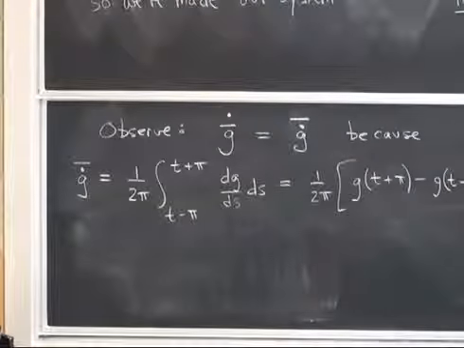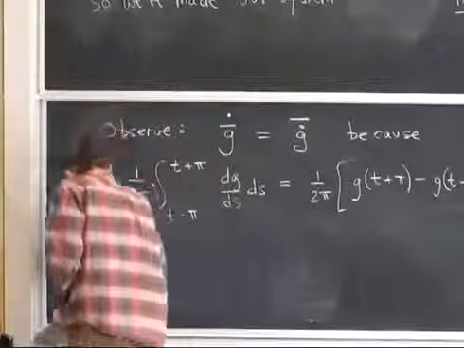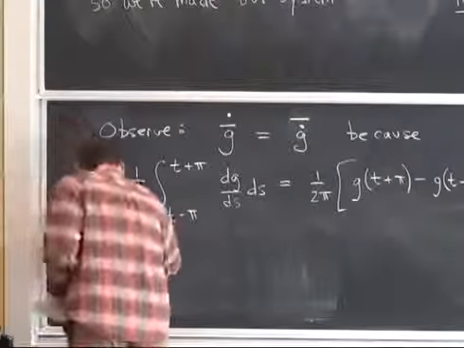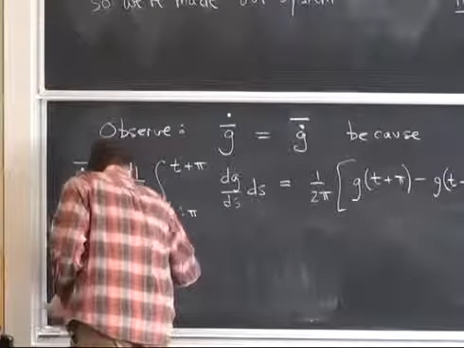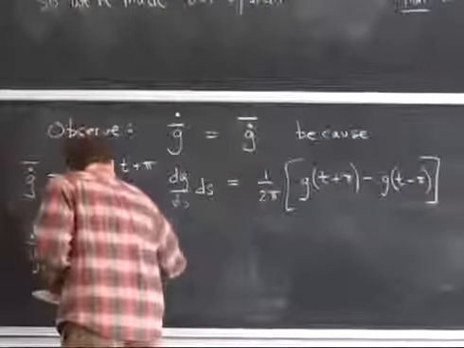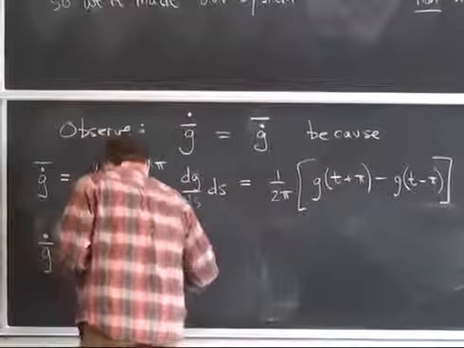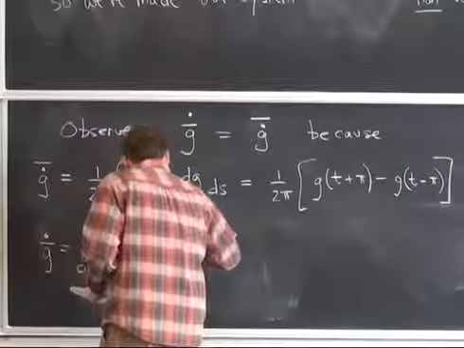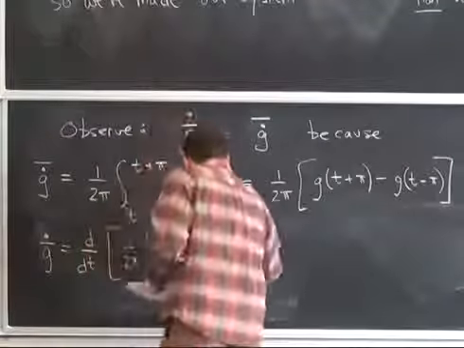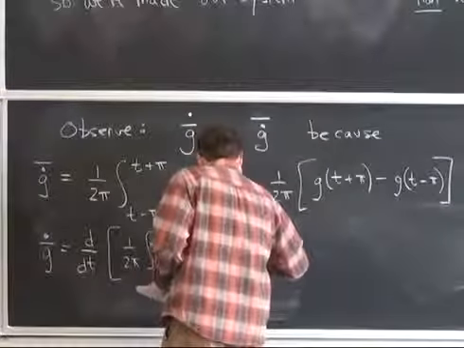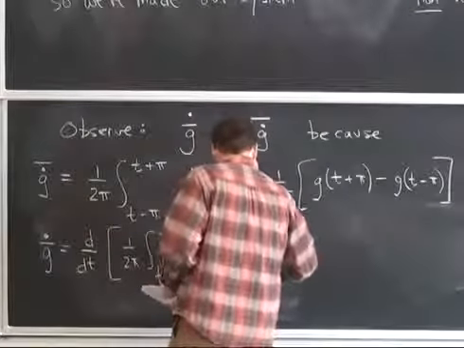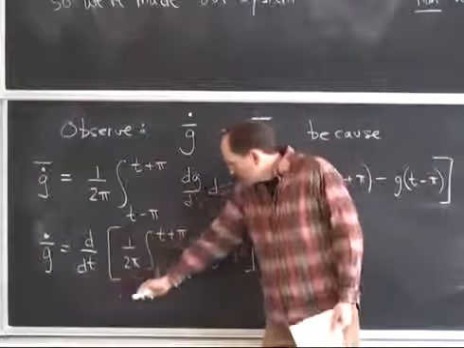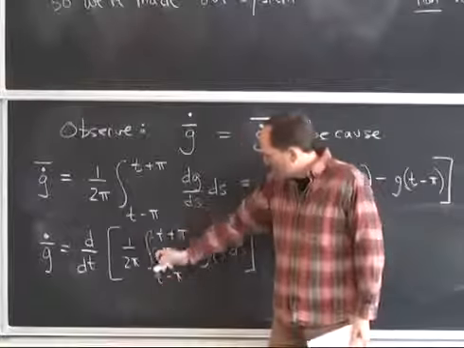And on the other hand, if I do it this way, g bar dot, let's see, what would I do? I'd go d dt of g bar, so that's 1 over 2 pi integral from t minus pi to t plus pi of g of s ds. And now you have to remember how to do a time derivative of an integral which has limits that depend on t.